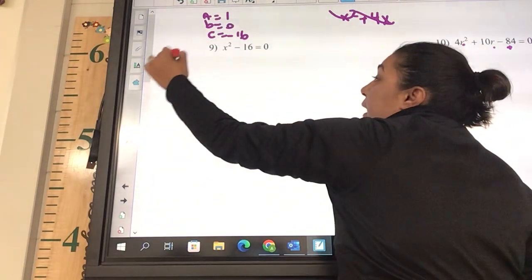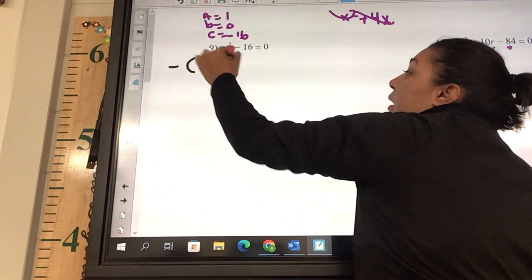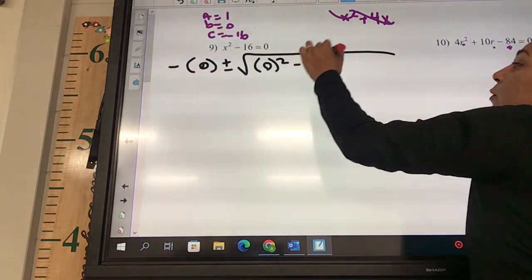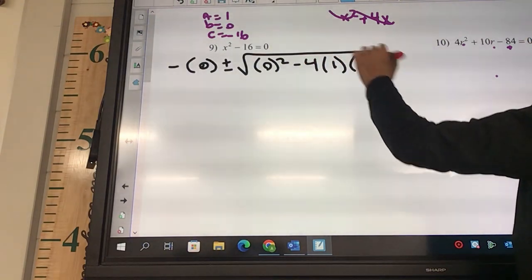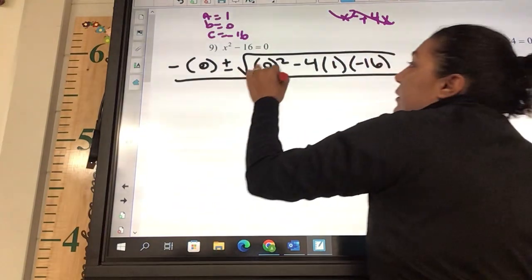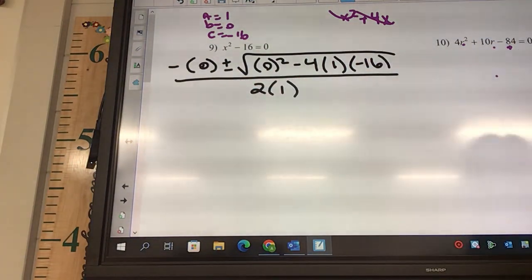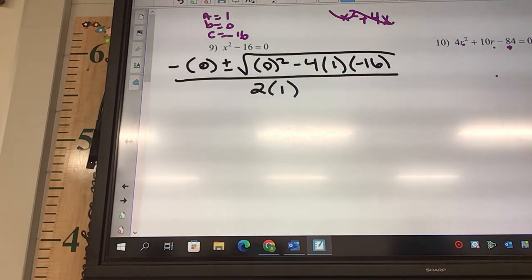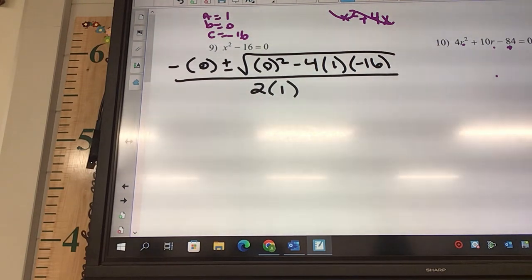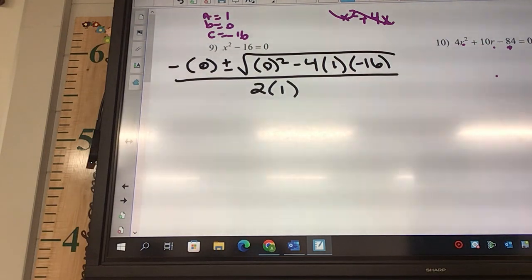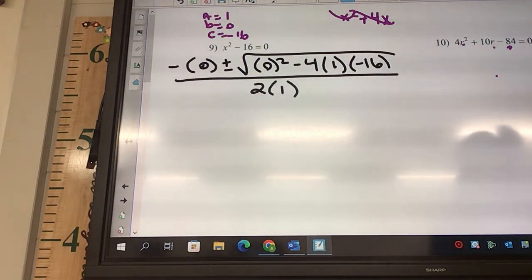Okay, so we're going to negative b plus or minus 0 squared minus 4 times my A times my C all over 2 times my A. What am I going to get for the first part? Just 0, okay?